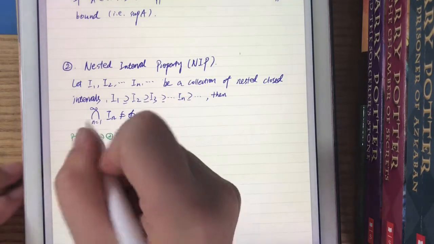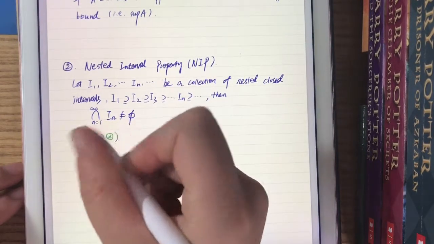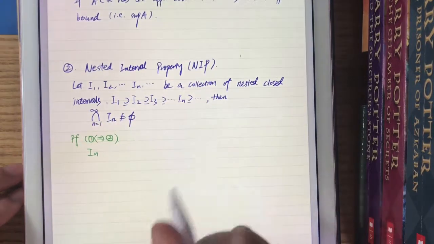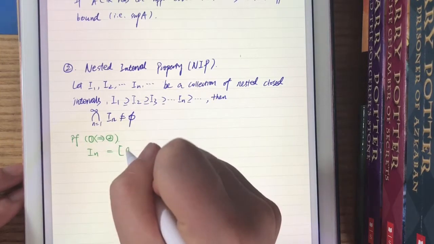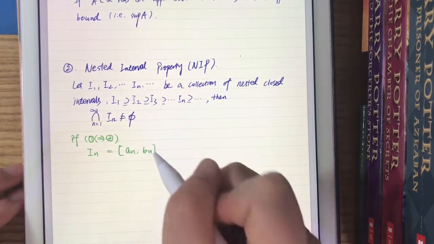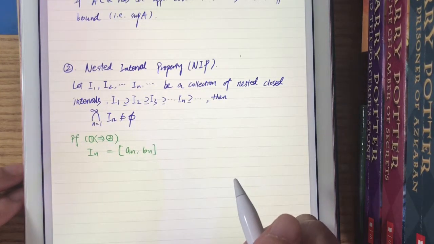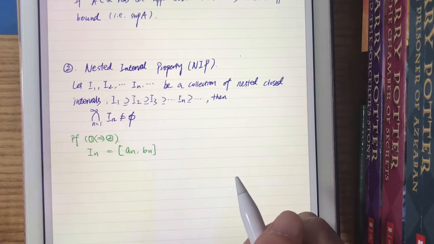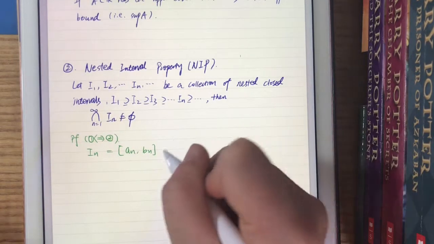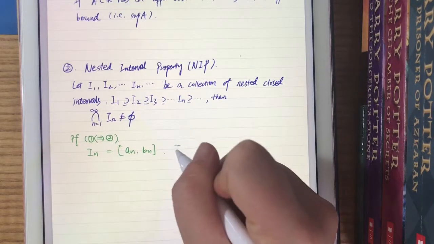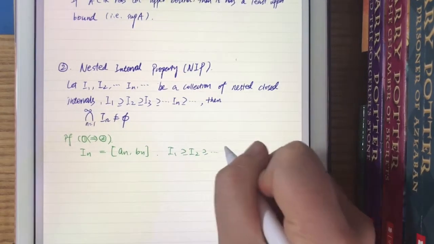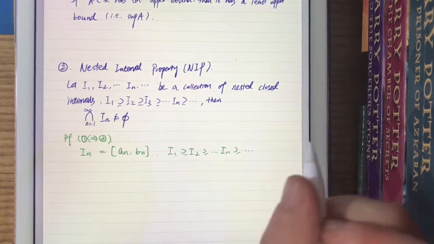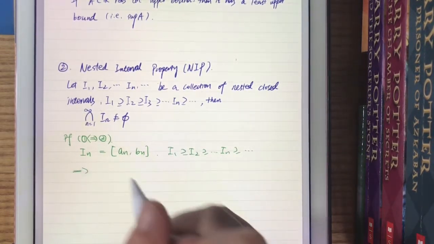First of all, let's denote In by [An, Bn], where n means for all n. Since I1 contains I2 contains and so on to In, it implies what?